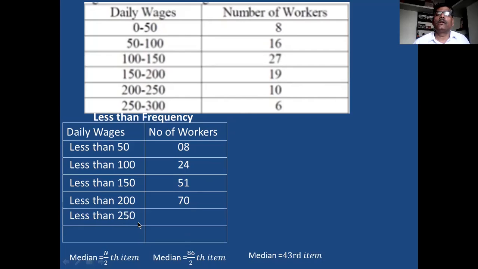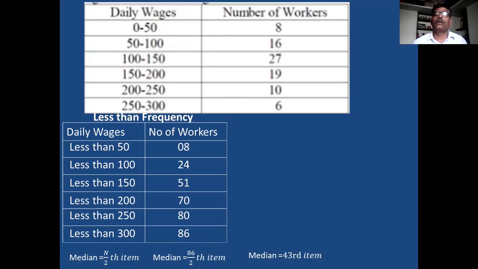How many workers earn less than 250? 10, 19, 27, 16, 8. All these workers earn less than 250. Therefore, 80 workers earn less than 250. And what is the earning less than 300? How many workers are there? 86 workers earn less than 300.